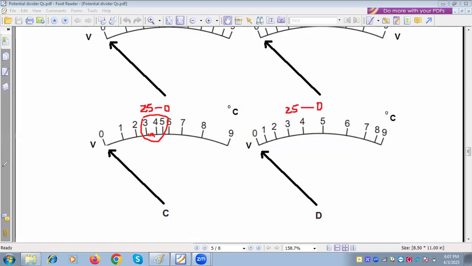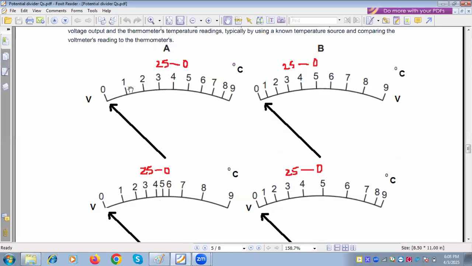Okay, so all the graphs here show a non-linear relationship. You can see the separation in the beginning is more and the separation at the end is smaller. Here the separation in the beginning is less and later on it's more. So these all are non-linear graphs.